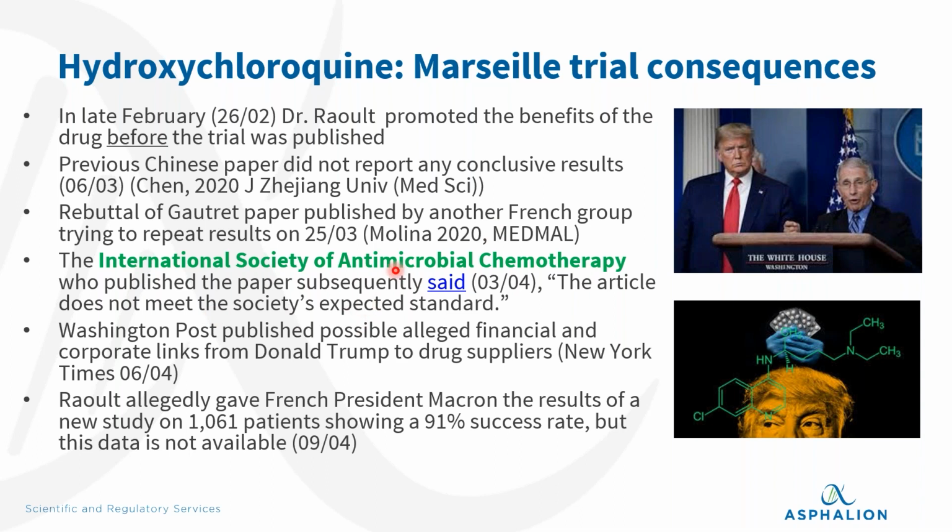The journal that published his paper, and it's obviously not the best journal in the world, they basically retracted the paper in early April and said the article does not meet the society's expected standard. So you can still find it on the internet, but even the journal is washing their hands a bit.